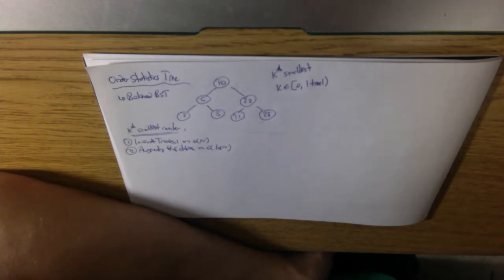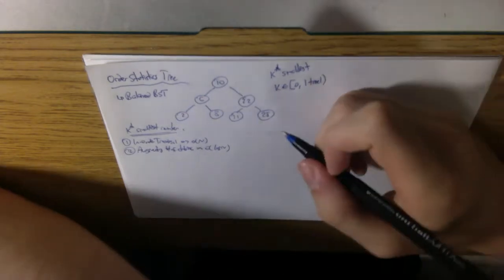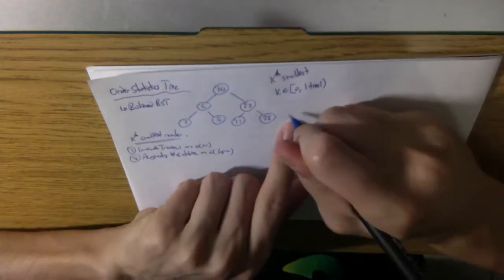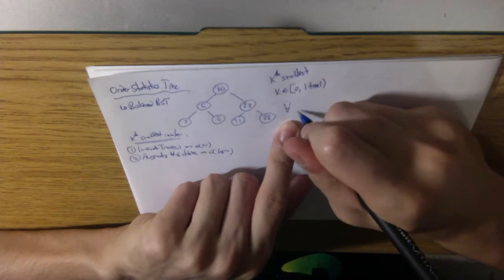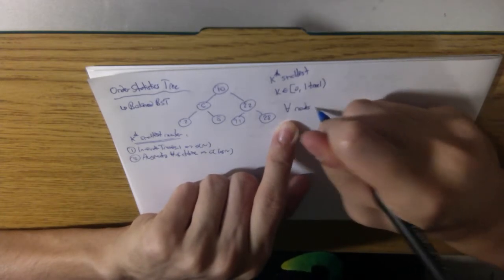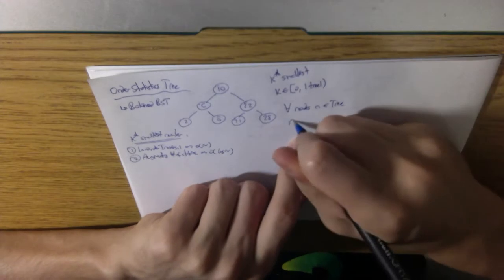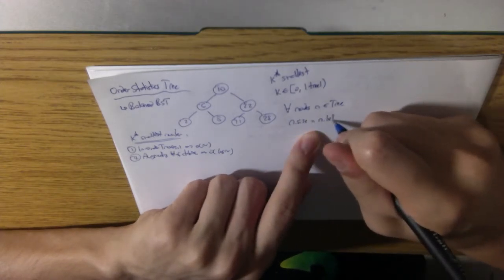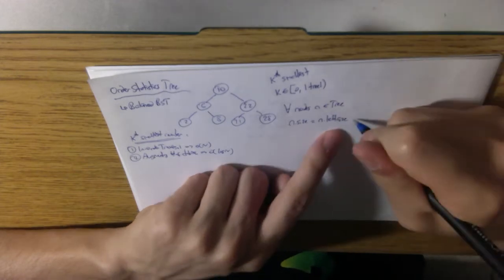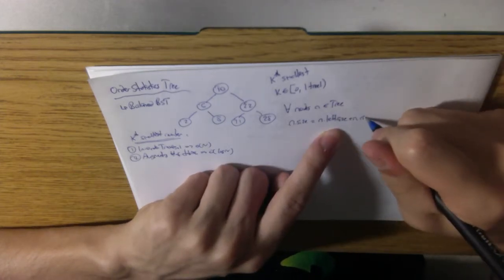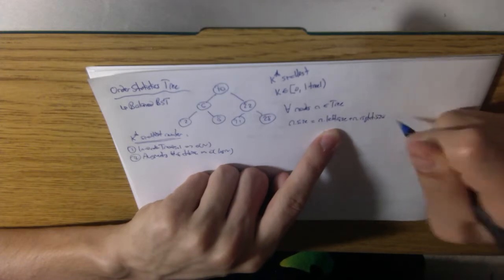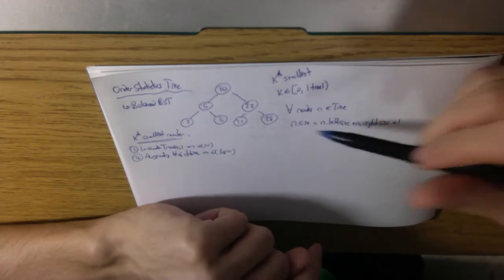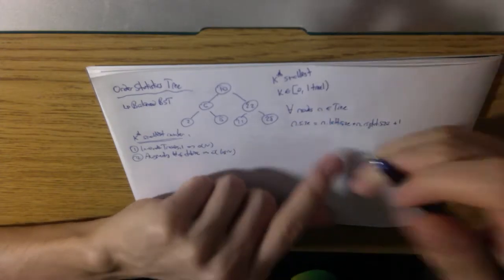So I'm going to go through a bunch of examples trying to explain it. First, let's define the size. For all nodes n in the tree, n dot size equals the size of the left side plus the right side plus 1.